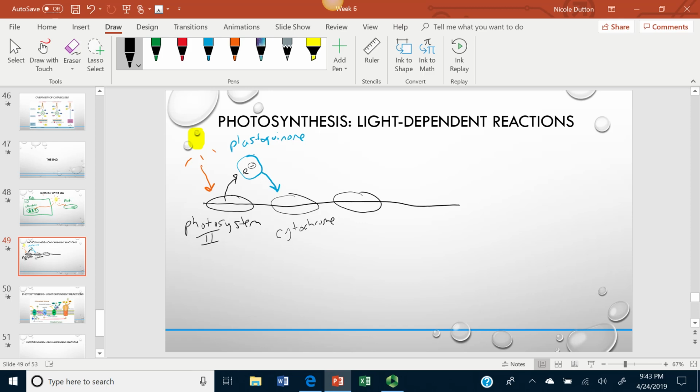Inside of cytochrome, it interacts and it loses energy, but then it will get excited and it bounces up again. And this time when it bounces up, it gets captured by a different transporter known as plastocyanin. And plastocyanin is going to deliver the electron to the next step along the way, photosystem 1.